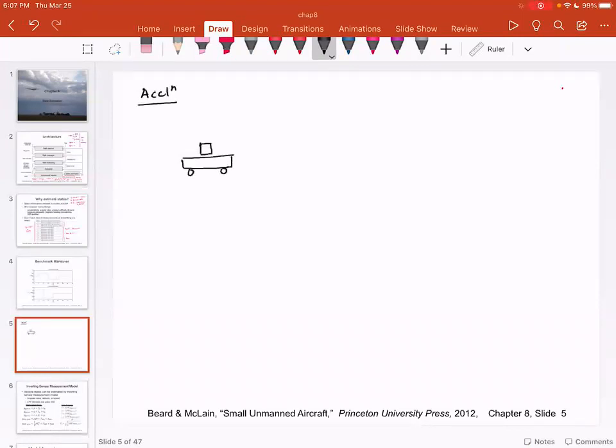So this accelerometer is going to measure the acceleration of the vehicle, and this vehicle accelerates in the forward direction. The actual acceleration, so I'm going to call this A actual, is 10 meters per second square. But the measured acceleration is at 10.2 meters per second square.